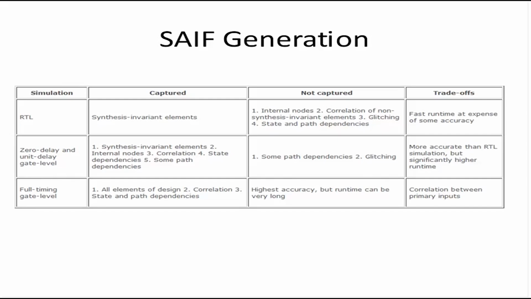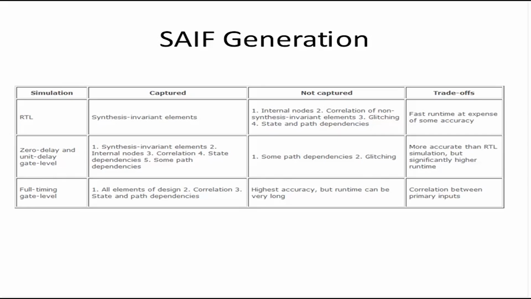When you optimize combinational logic, you will change the number of nodes, and hence you will change the state and path dependencies. What is the trade-off? You get a fast runtime at the expense of some accuracy. So the first level SAIF file can be generated from RTL simulation. It will be very fast, but it will be least accurate.